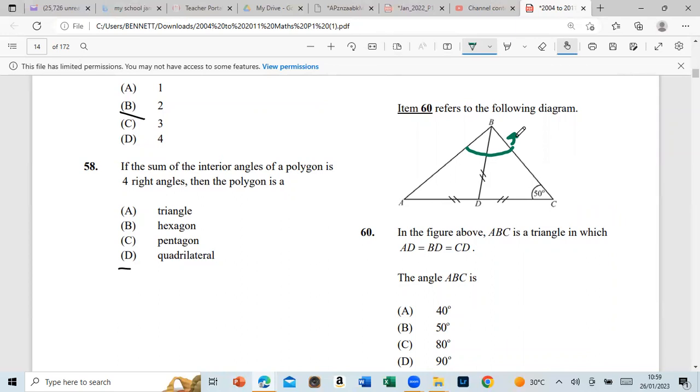So that makes this one 100, and we make this 80. So the one here equals the one here, and the one here is 40. And this will be 40. Make sense? So this is our 50, 50 plus 40, so it will be equal to 90.